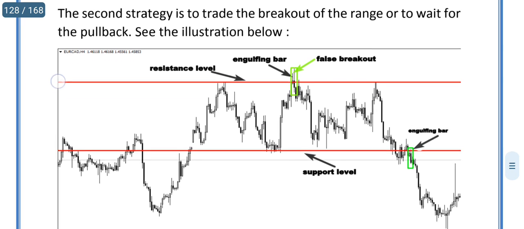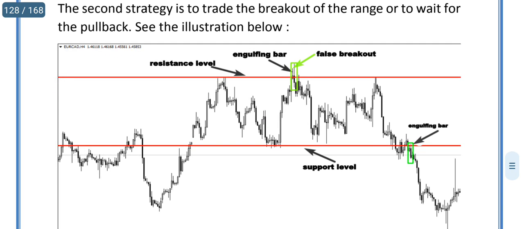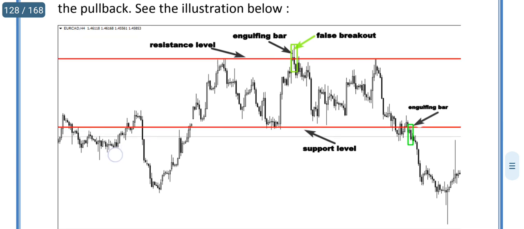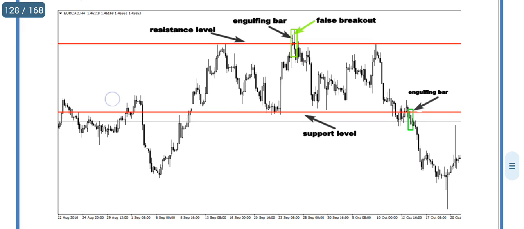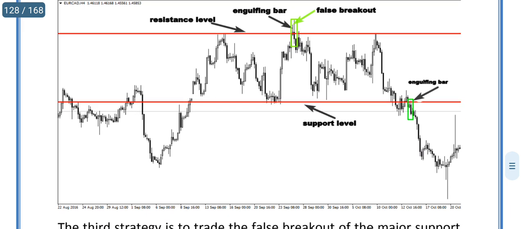The second strategy is to trade the breakout of the range or wait for the pullback. This can be observed in the illustration we are seeing right now. We have our range market, with our two major levels, the support and the resistance level.